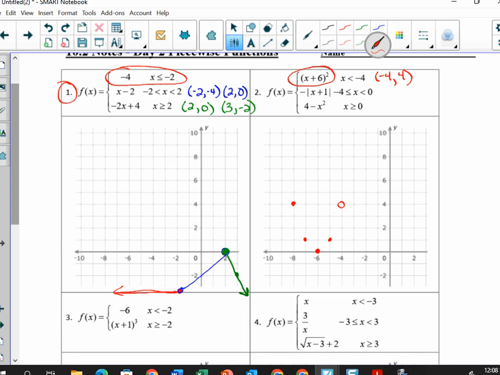But doesn't that stop on the right side? Right. That's why we put our endpoint first, so we know where it's going. It's not bad. But this is why we do parent graphs first with transformations, because you have to be able to think about what is happening here. Where are we shifting? Okay.